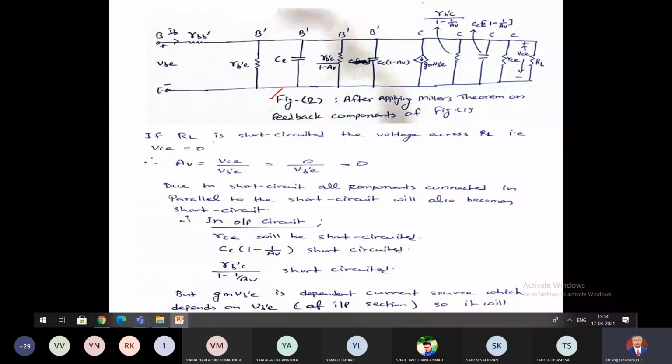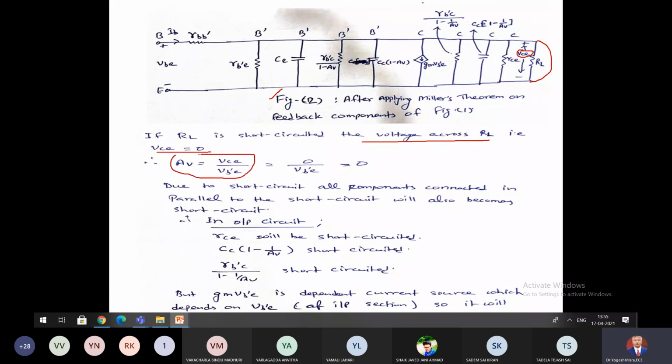Now the short circuit gain we have to find. Then the voltage across RL. And what is the voltage gain?